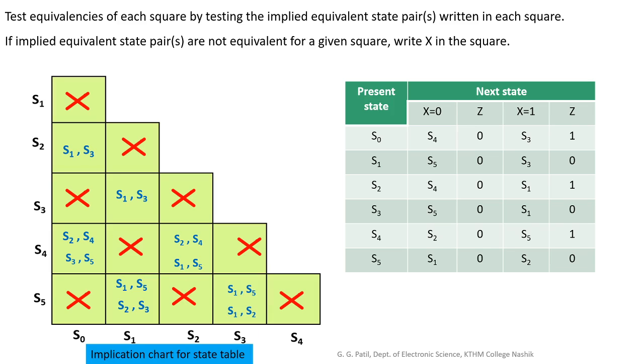So in this way, the implied state values are to be entered in the squares where outputs are the same. Once it is done, what we have to check? We have to check the state equivalency of these state pairs or state squares. So let us check.